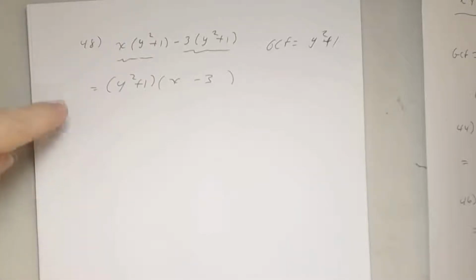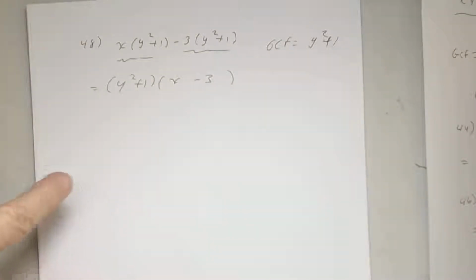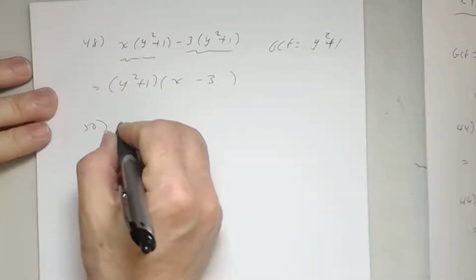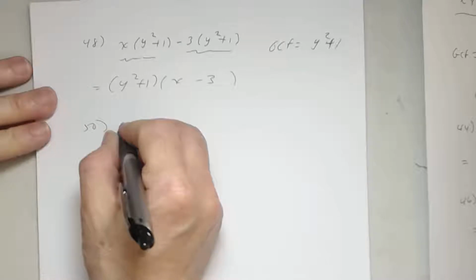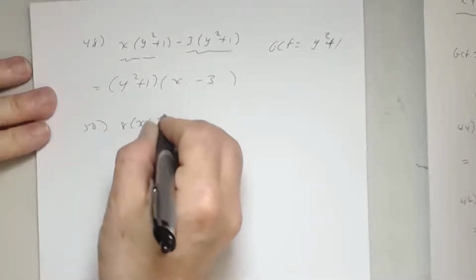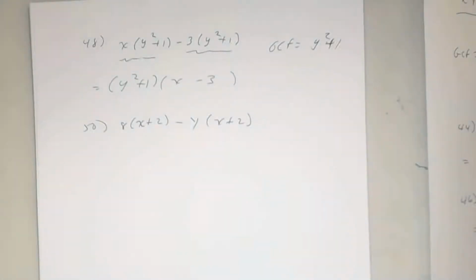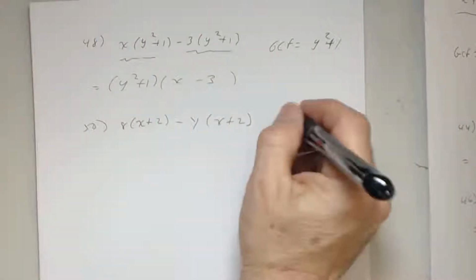All right, let's look at another one like this. Make sure you understand what to do. All right, this is number 50. You have 8 times x plus 2 minus y times x plus 2. What's the GCF? x plus 2. GCF is x plus 2.